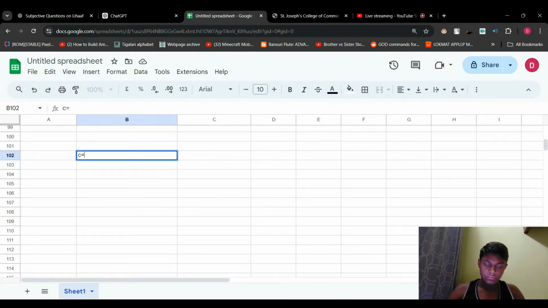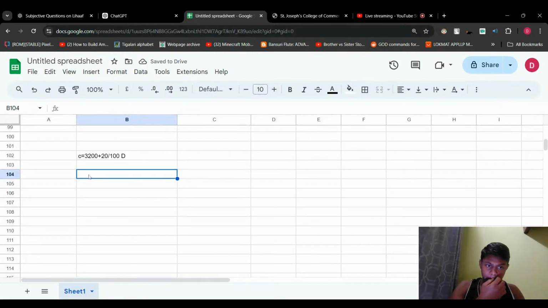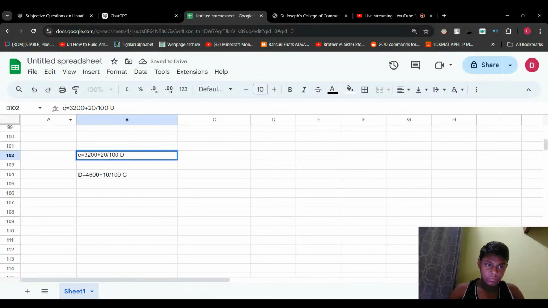C equals 3,200 plus 10 by 100 D. This is a basic equation if you guys understood. Other one would be D equals 4,600 plus 10 by 100 C. You guys understood this basic equation?